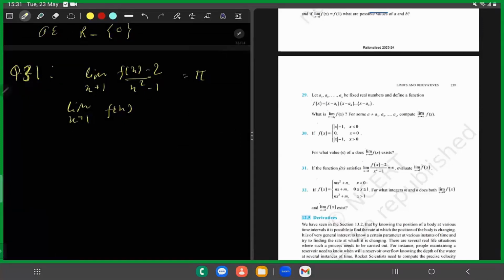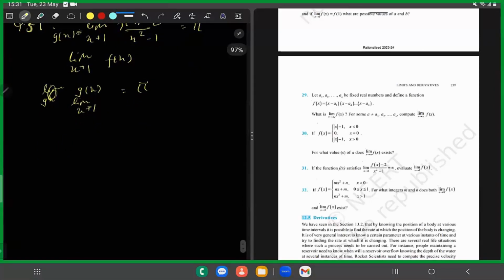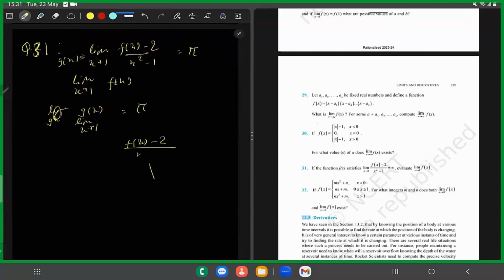So this is some function g(x), and we are given a limit of g(x) as x tends to 1, which is equal to pi. So we are given this value. You know that for the given expression (f(x) minus 2) by (x square minus 1), this is equal to pi.